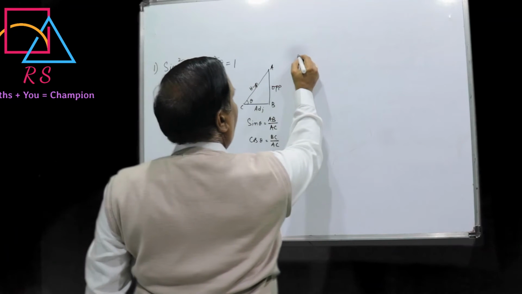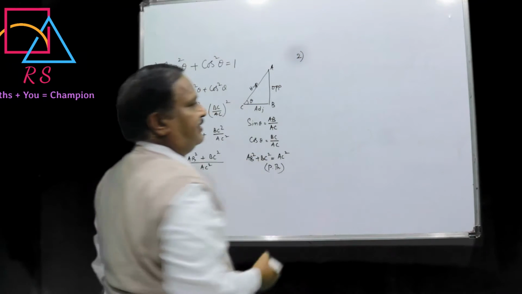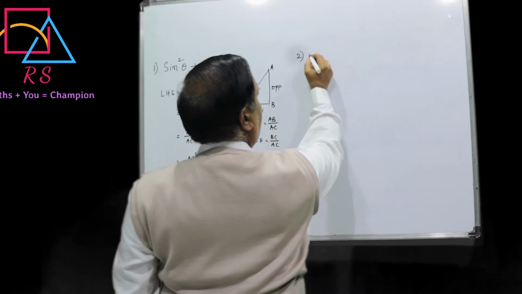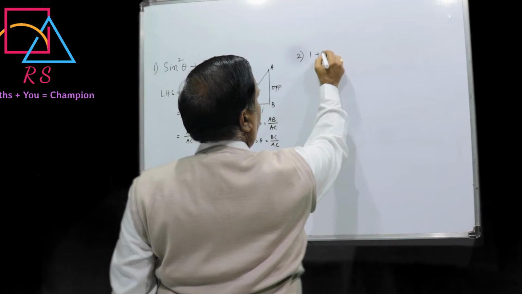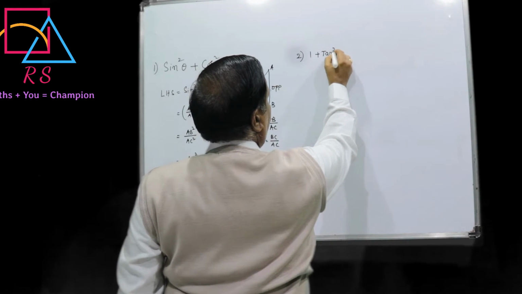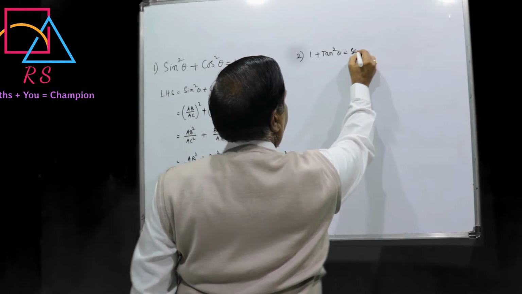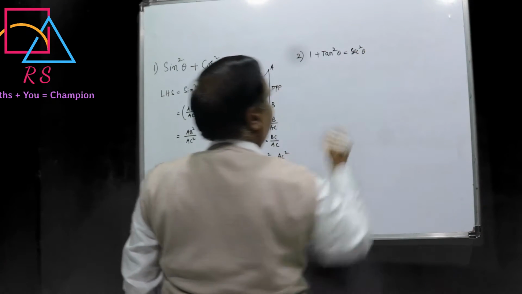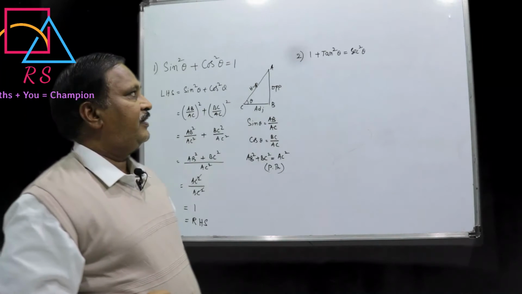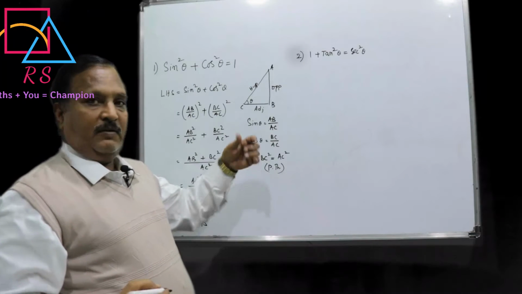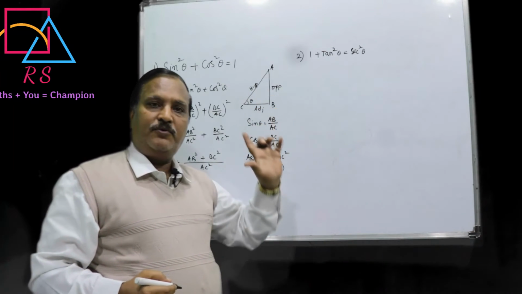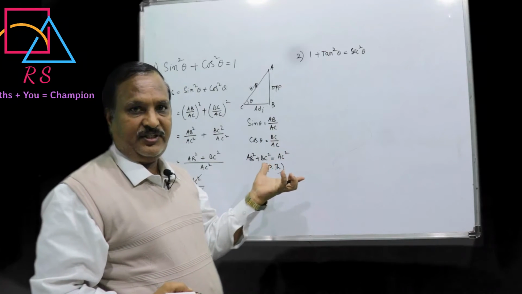In the same way we will go to the second identity. The second identity is the relation between tan and secant. Till now we had known only the basic definitions.